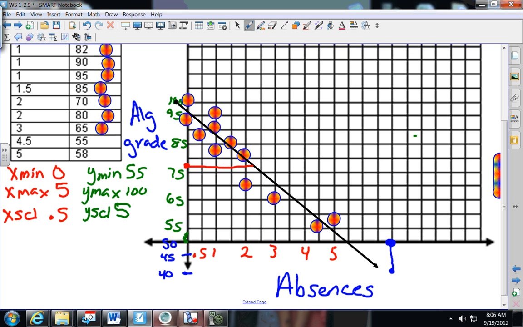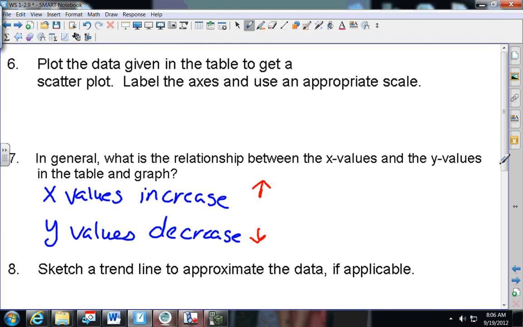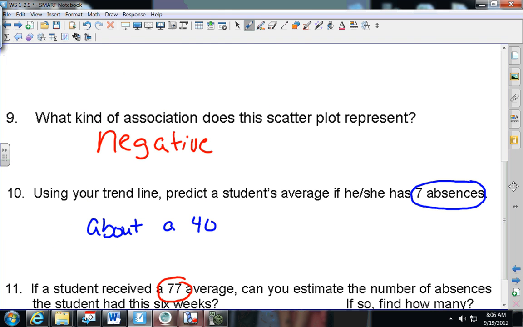Go over to the line here and then down. About how many absences is that? About 2.5. It kind of goes in between. But we use our trend line to make an estimate on the information. So we have 2.5.